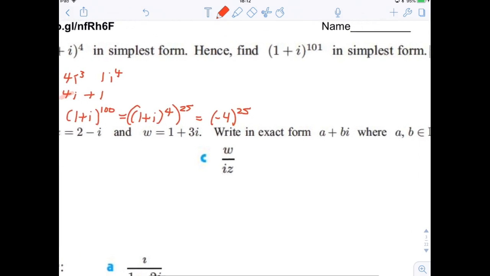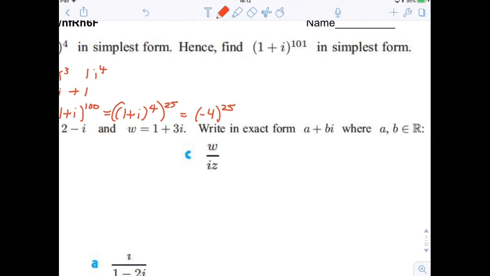And now it says, hence find (1 + i)^101 in simplest form. So that would be equal to (1 + i)^100 times (1 + i). So that would be (-4)^25 times (1 + i).